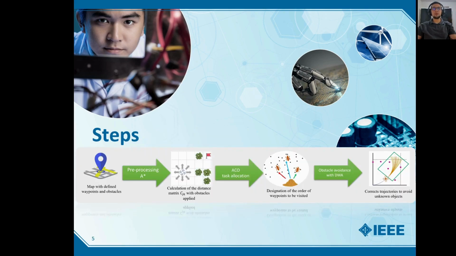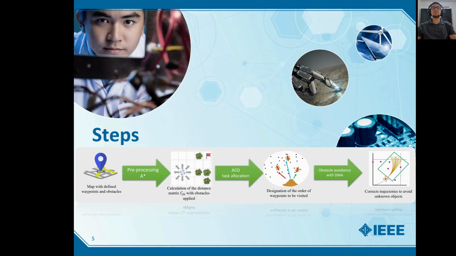To apply the mathematical model, we have four main steps. First, we define a map. Then we pre-process it using A-star to calculate the distance between waypoints, avoiding fixed obstacles.